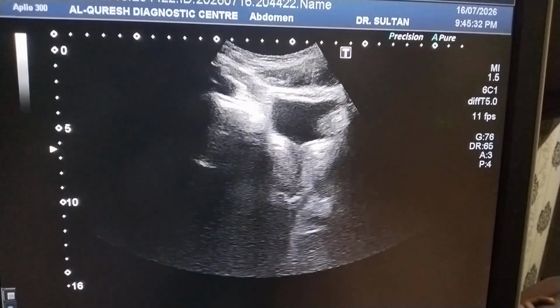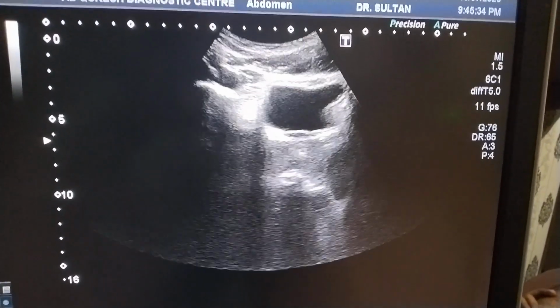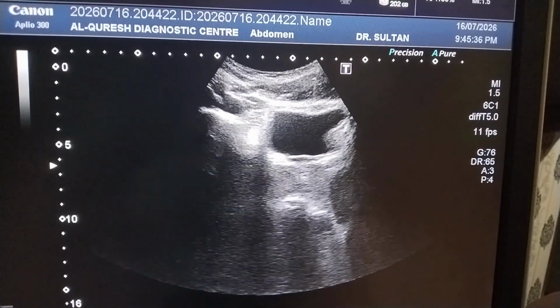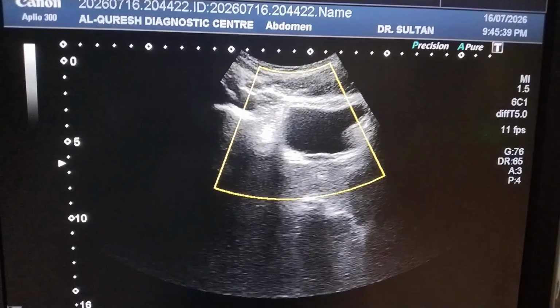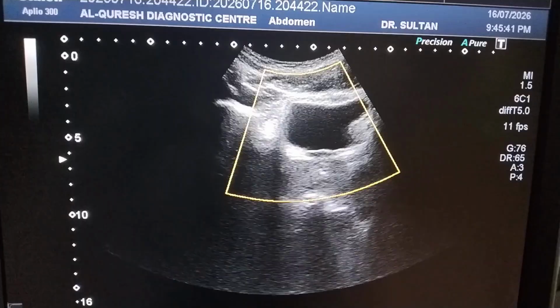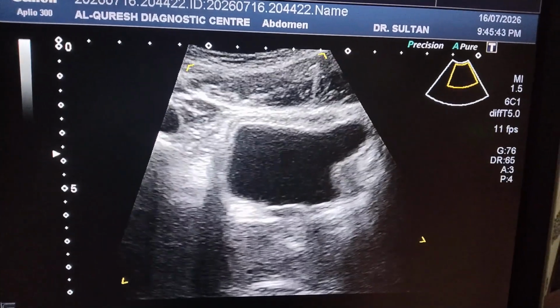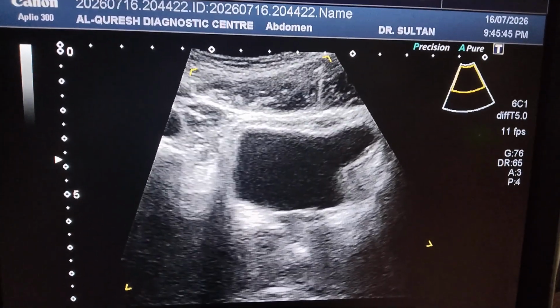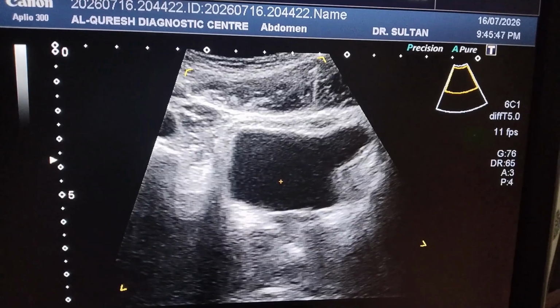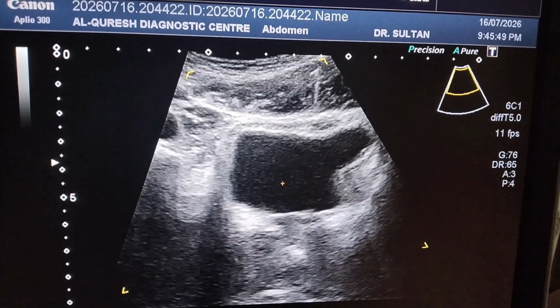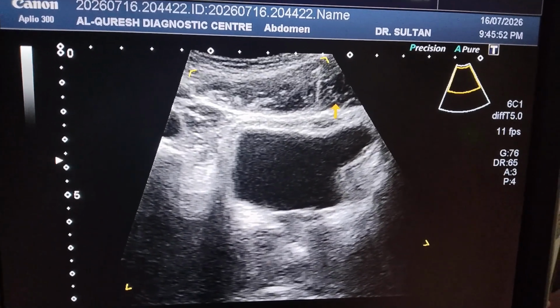Now I have asked the patient to empty the urinary bladder. Here we can appreciate the emptied urinary bladder. We can appreciate that some urine is still present within the urinary bladder.